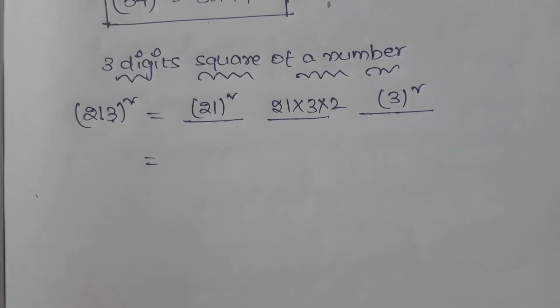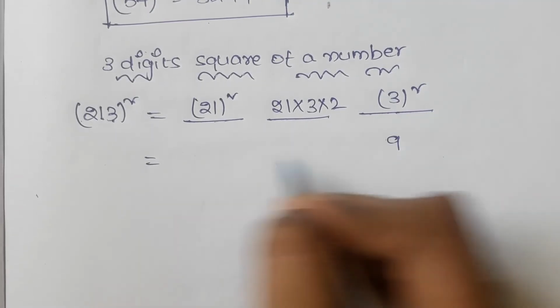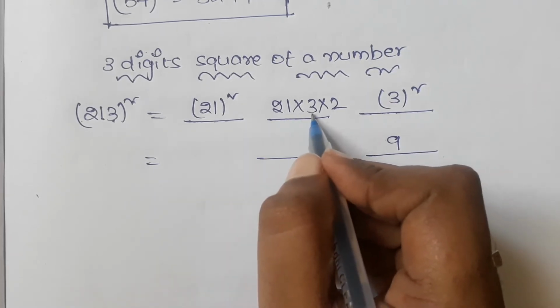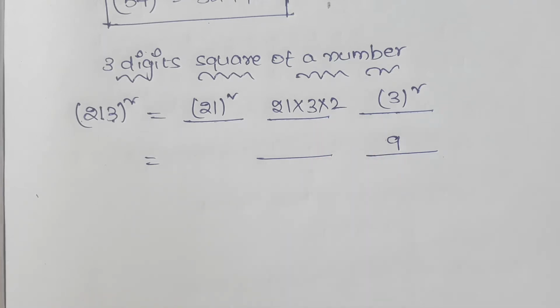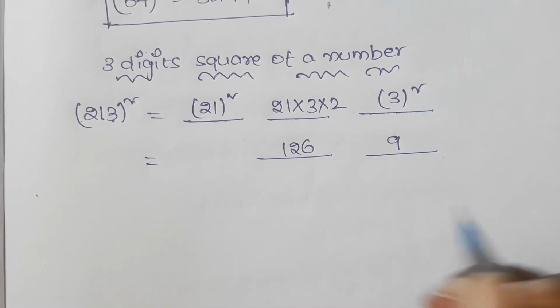Now we know that 3 square equals 9, and from here 21 into 3 into 2, 21 into 6, that equals 126.